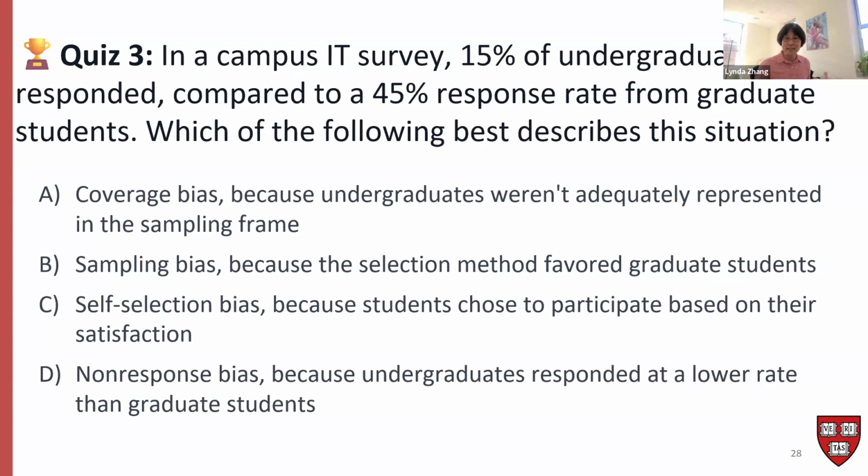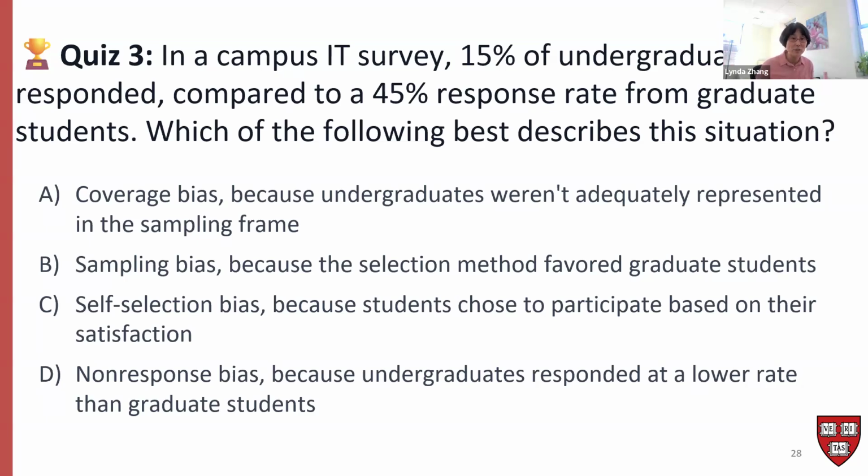Correct answer is D. This is non-response bias because of the lower rate by demographic groups, which is undergraduate versus graduate. A is coverage bias because undergrads were not adequately represented in the sampling frame.